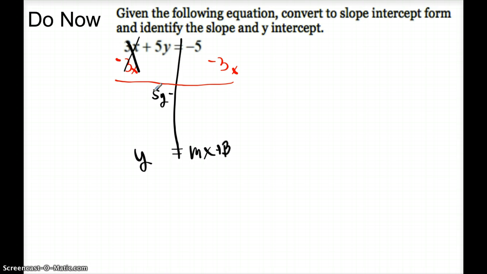Positive 5y equals negative 3x minus 5. Okay, and we're going to divide by 5 here. Divide everything by 5, not just what is convenient, what works. Our final equation should be y equals m, negative 3 over 5, x, and then plus b, 5 divided by 5 is 1, negative divided by positive is a negative.